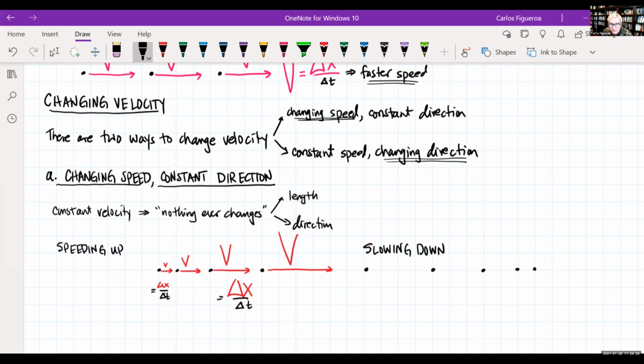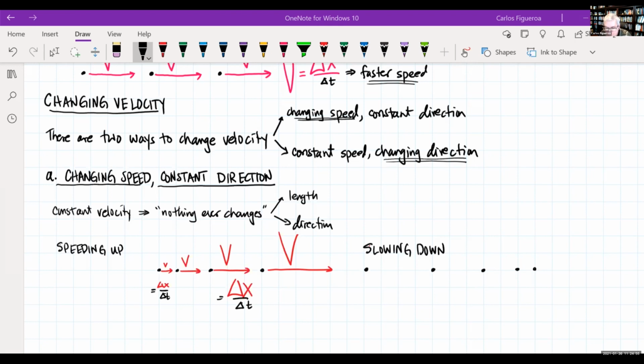Now, I should have done this in the previous one. Let's be careful here. I cannot draw the dots on a single line, okay? The reason is that they're going to overlap on each other.